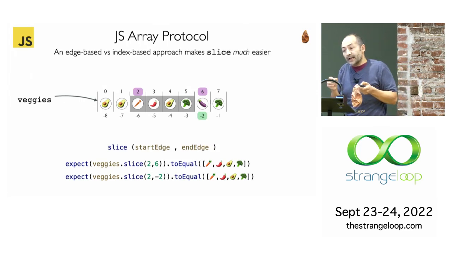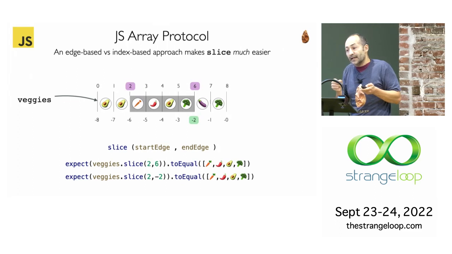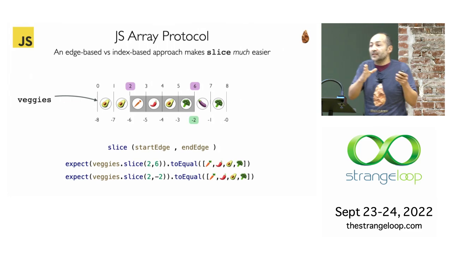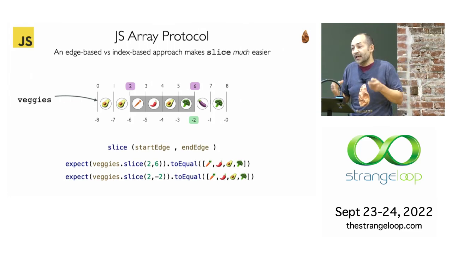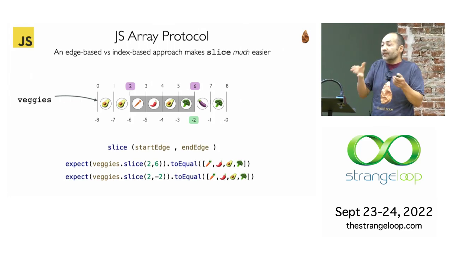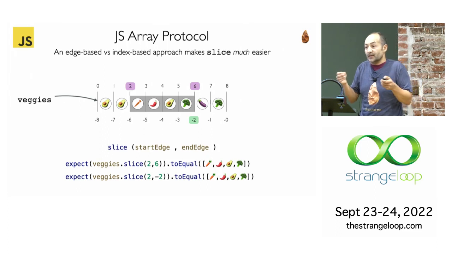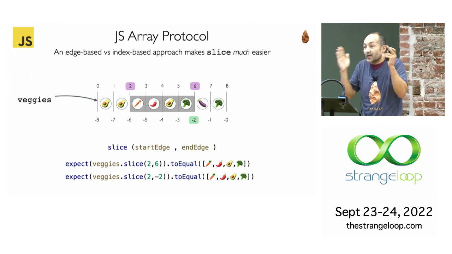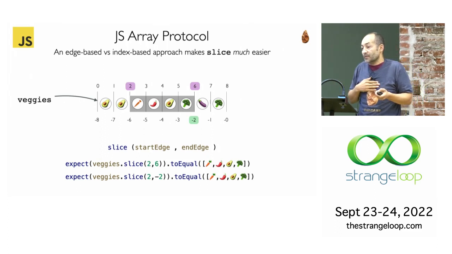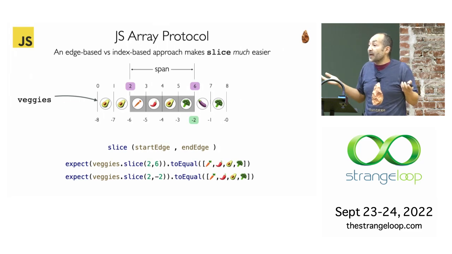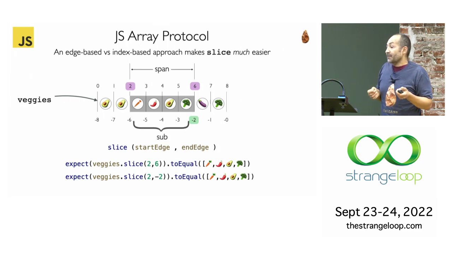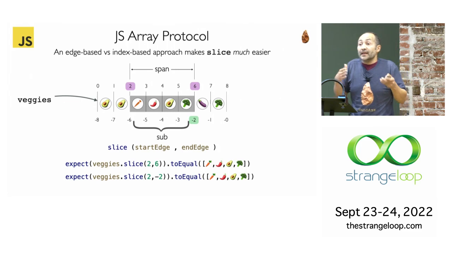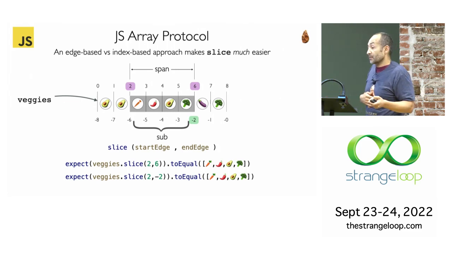And so here we're looking at indices, and now I'm looking at edges. Indices, edges. We're going to use the fence posts versus the fence beams. And now, all of a sudden, this method makes so much more sense because it's always just going to be between those fence posts. We call that a span. And the thing that we're spanning over is, again, a sub-collection.